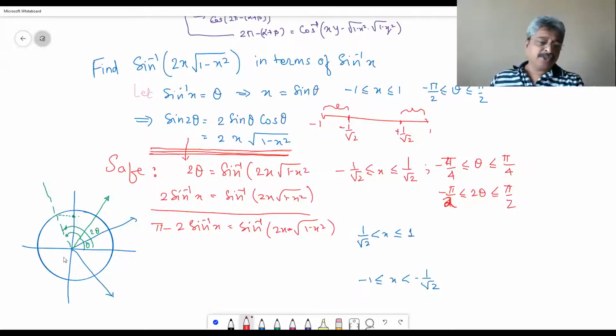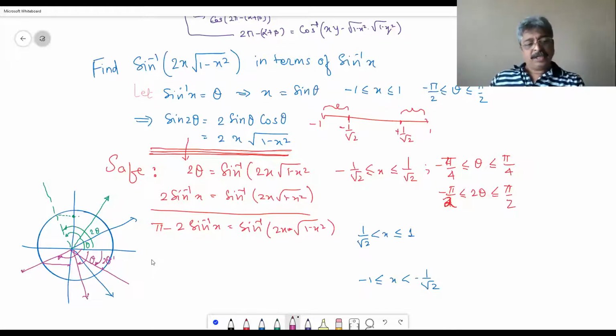And similar will be the situation if terminal ray is sitting somewhere here, then your theta is this, 2 theta will end up being somewhere here, its y coordinate is here, its corresponding sine inverse ray will be somewhere here. So you want this angle 2 theta, you get this angle 2 theta dash.